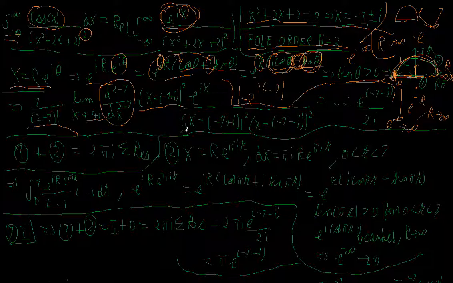And here I have factorized the denominator because I have two poles in total, even though only one is inside my domain.